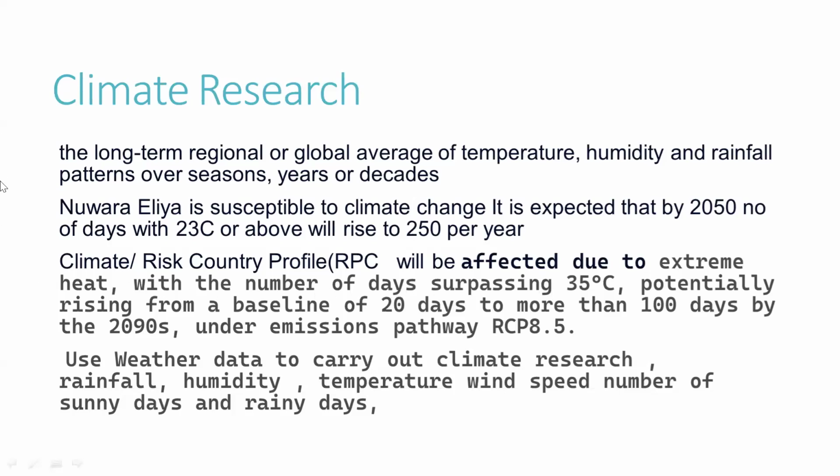The risk country profile says some countries will be affected by extreme heat, with the number of days surpassing 35 degrees centigrade potentially rising from a baseline of 20 days to more than 100 days. In some countries, this could happen.